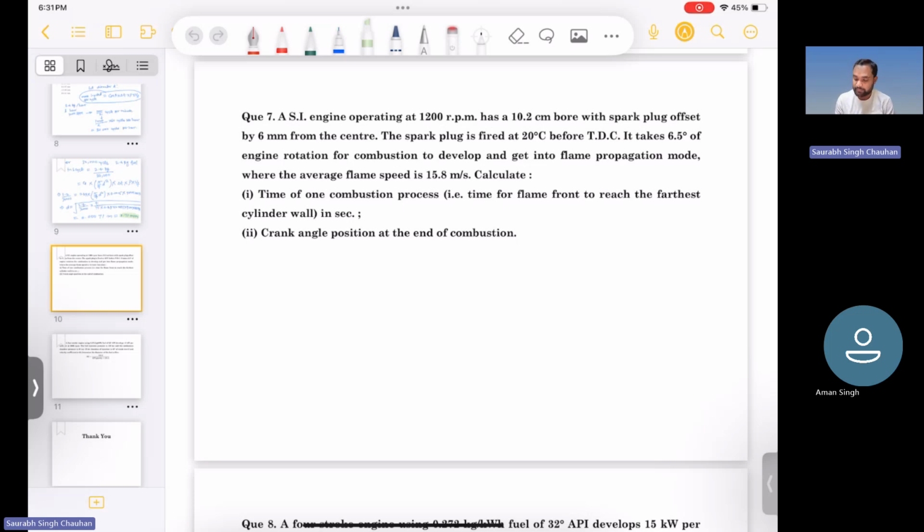It takes 6.5 degree of engine rotation for combustion to develop and get into flame propagation mode, where the average flame speed is 15.8 meter per second. We have to find the time for one combustion process. That basically means the time for flame front to reach the farthest cylinder wall. Okay, you got the question?